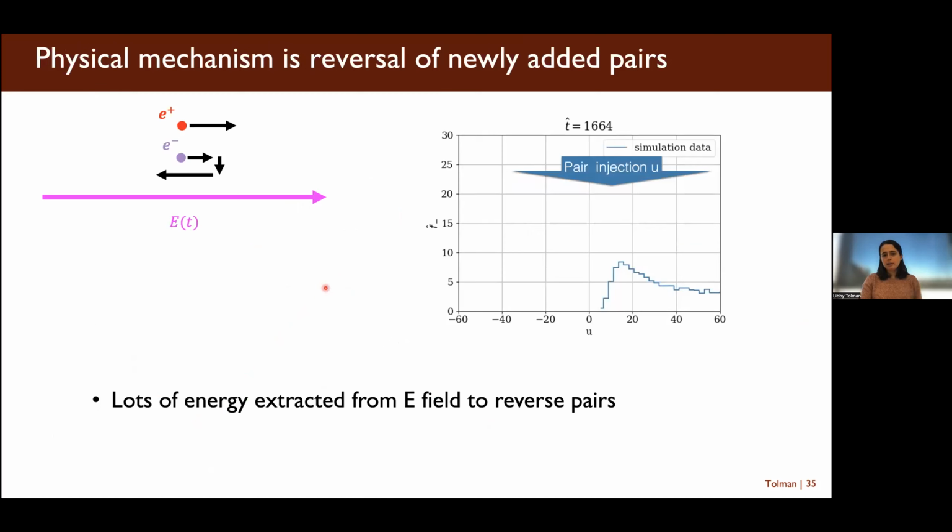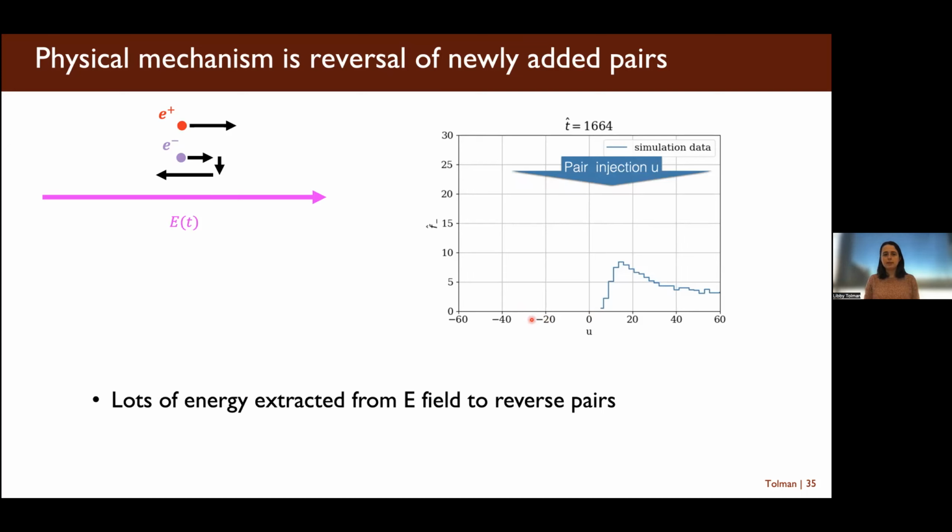But the physical mechanism is just the reversal of the newly added pairs. When you dump new pairs on the system and they get turned fully around, that's a very violent process. It takes a lot of energy to take something moving relativistically in one direction and move it relativistically in the other direction. An oscillation has an overall energy budget, with energy in the oscillating fields and in the particle motion.